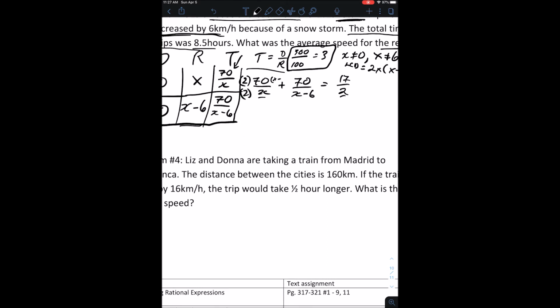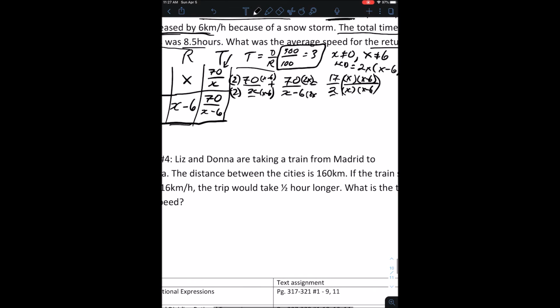Let's see if I zoom in here, if I have enough room to write that in there. x minus 6, x minus 6. The next one is missing the 2 and the x, because I have the x minus 6. So 2x, 2x. And this is missing x and x minus 6. There we go. x minus 6. There we are.